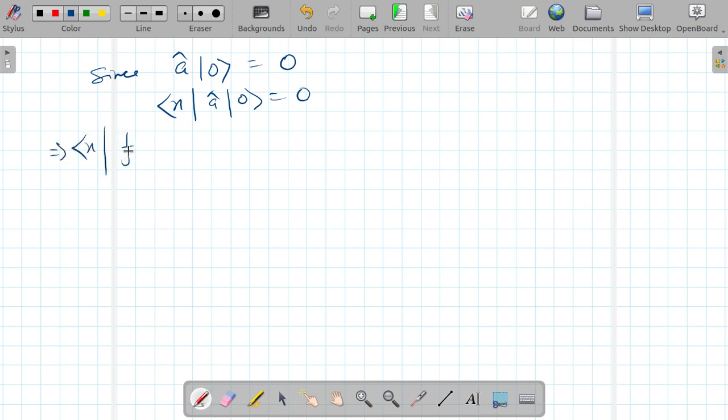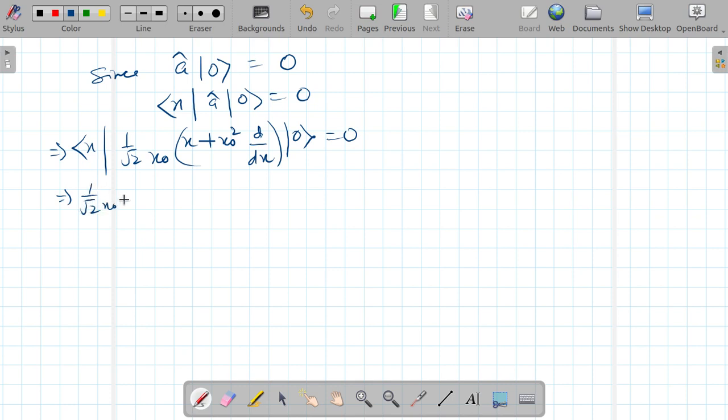So it is 1 by root 2 x naught, x plus x naught square d over dx, acting on the state, equal to 0.